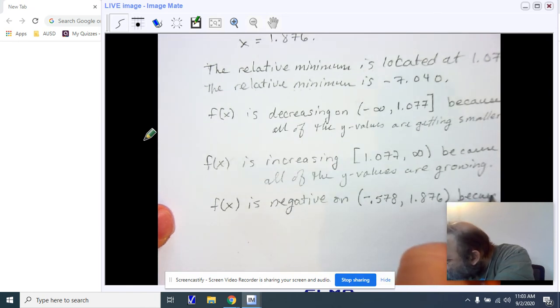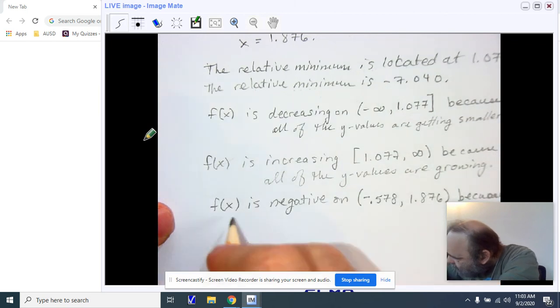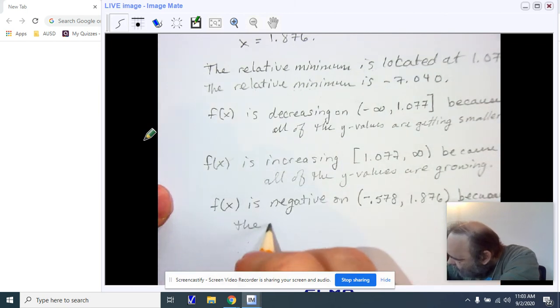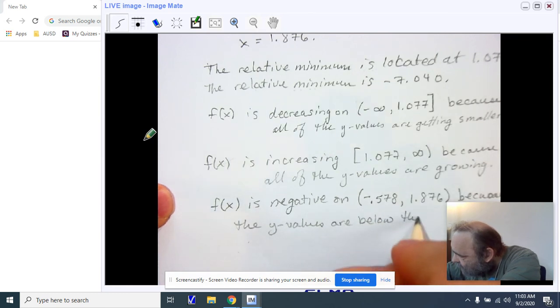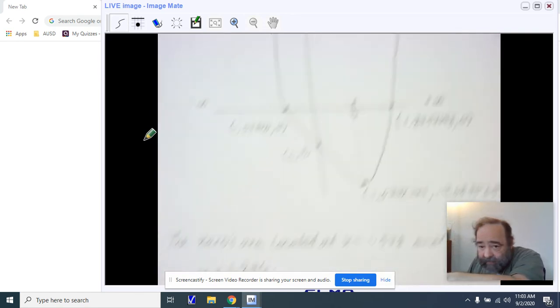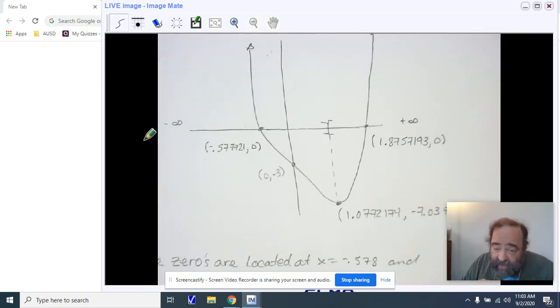Because the y values are below the x-axis. After all, that's what makes a negative. See how all of the values on that interval are below the x-axis except at those zeros. If we were doing the positives, we'd go from negative infinity to that x value in union with the x value to positive infinity.